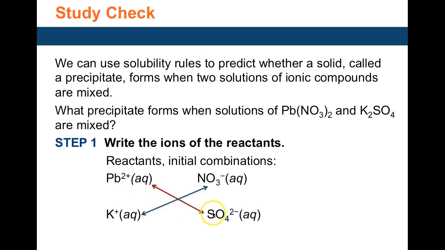Now, when the lead joins up with the sulfate, sulfates are generally soluble unless it joins up with a barium or a calcium, strontium, or a lead 2. So lead 2 sulfate is insoluble, all right? Whereas the potassium and the nitrate, they'll still continue to be soluble.